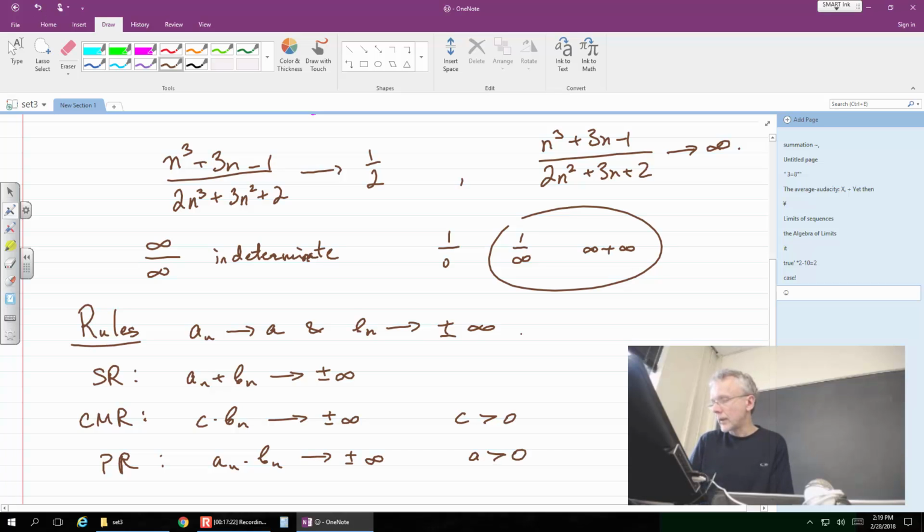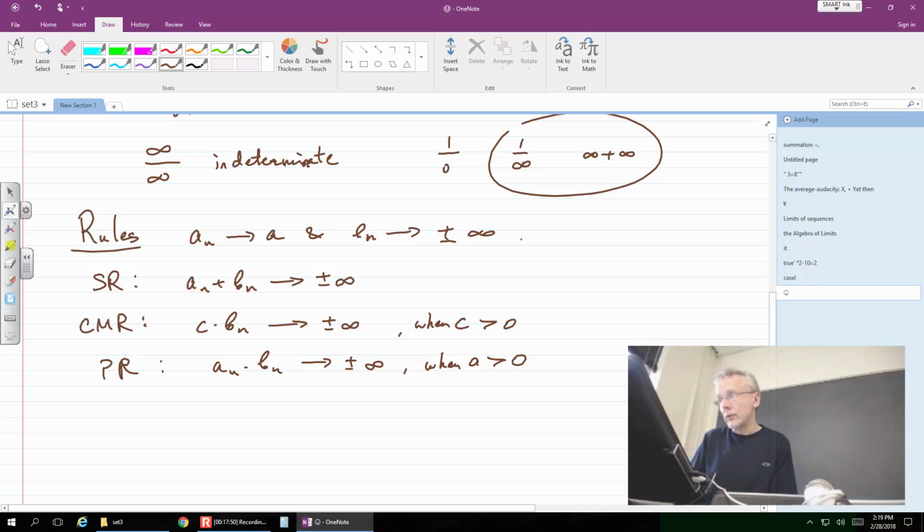If a is positive, then we are not worried about the sign. I put the sign of c and a in these two rules in order to make sure that we don't have to switch from plus infinity to minus infinity, which certainly would have to happen. But this is the simplest case, and once again you can see how a_n is dominated by b_n because a_n converges, and the second one diverges to infinity. So one is simply stronger than the other.